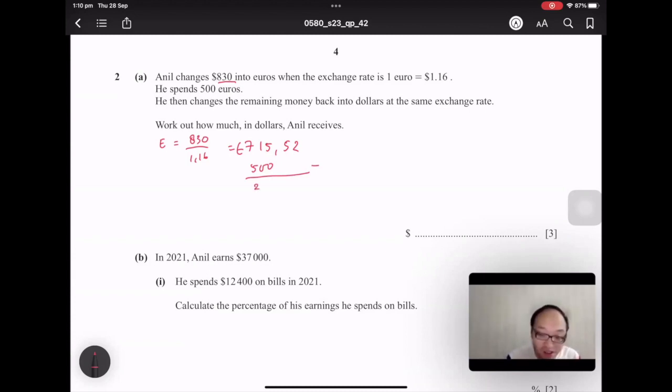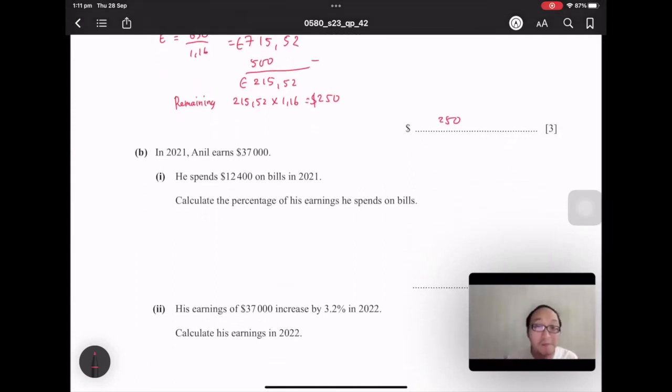So the remaining will be 215.52 euros. And then change back into dollars. So we multiply this with the exchange rate. So the remaining will be 215.52 times 1.16. So it's $250.